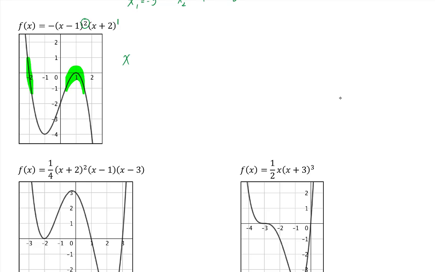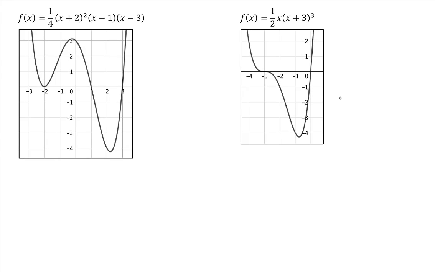So we have zeros at negative 2, and we have a 0 at 1. Again, this one is of order 1, and if you look closely at the graph, it looks like it's passing through as a line. And this one is of order 2, and again, this looks like a parabola when it touches the 0.